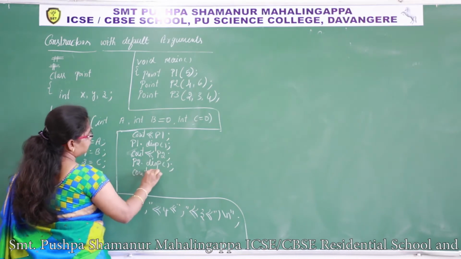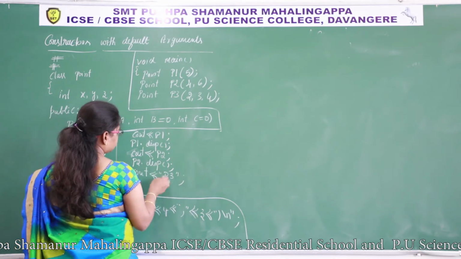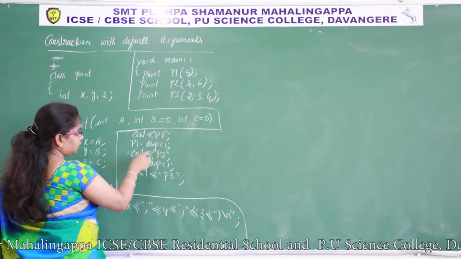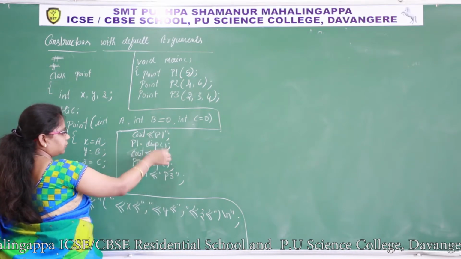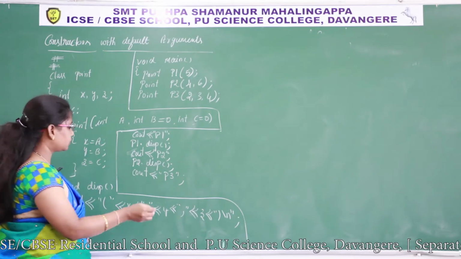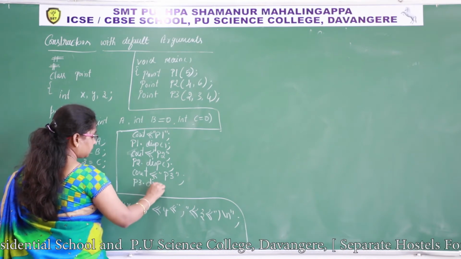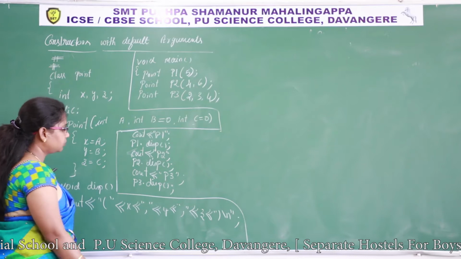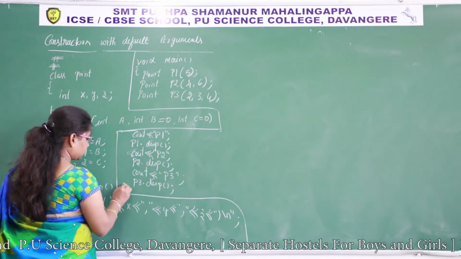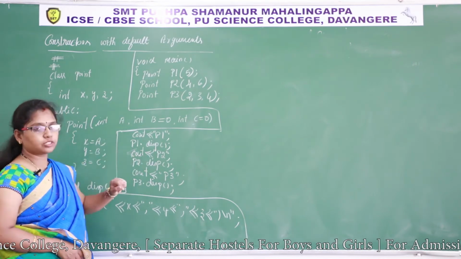Cout insertion p3, it has to display as it is, p3 with the open parenthesis and coordinates, p3 dot display open close semicolon. After that, close getch, close. So this is the continuation part.